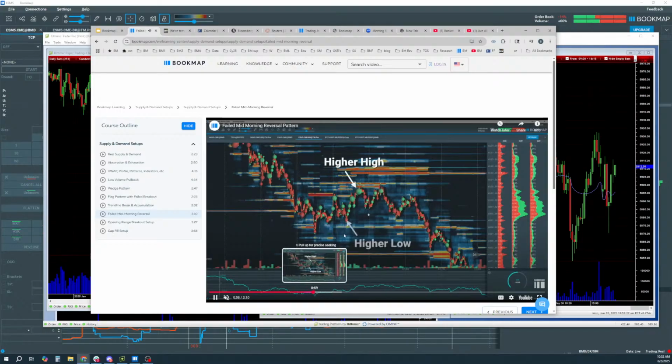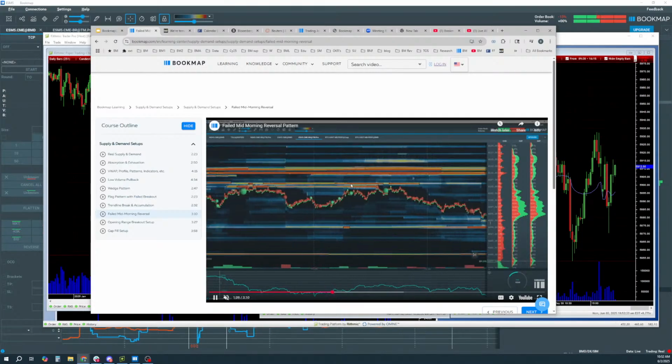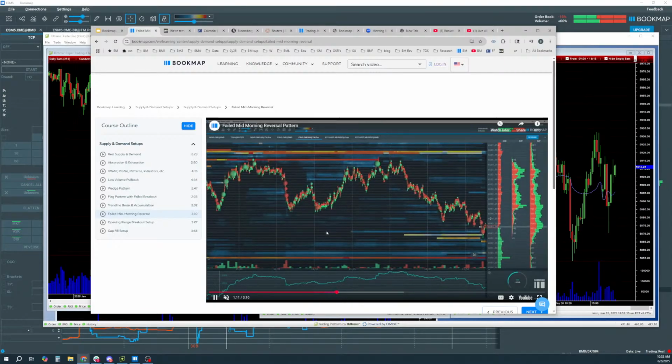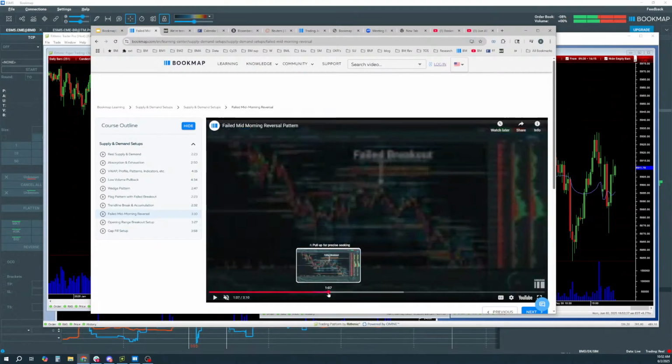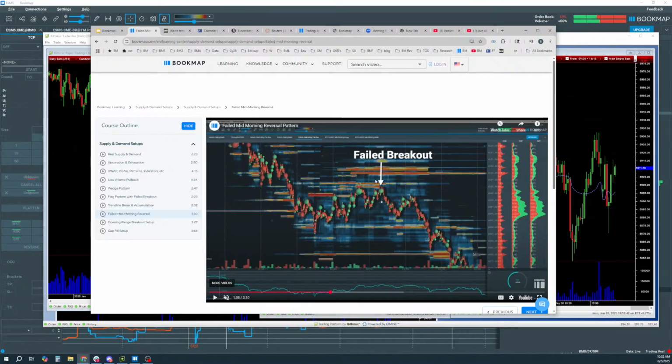It's kind of tricky to see, but here's the idea. We're trending down here, and you look for the trend to continue. But what happens is the market can't.